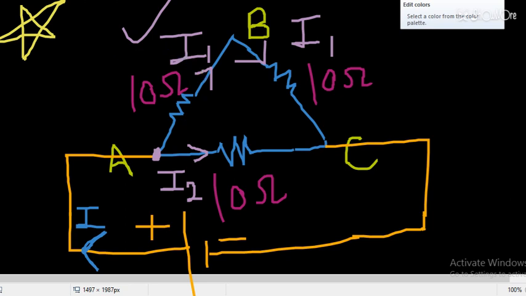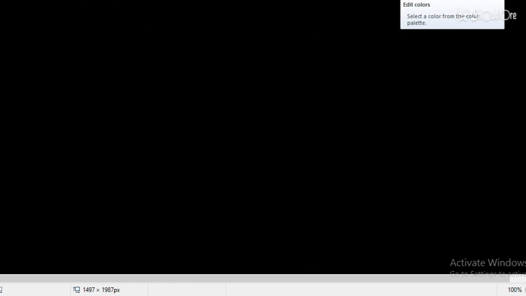Now I am redrawing this one. I am combining these two, this 10 ohm and this 10 ohm. Now I am erasing the diagram. You can see the new diagram.